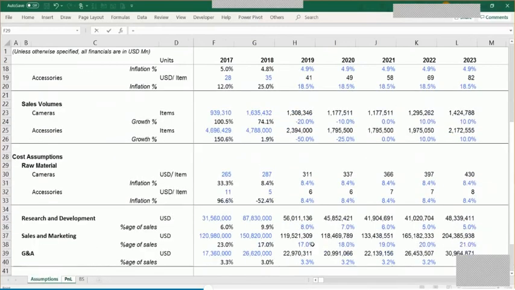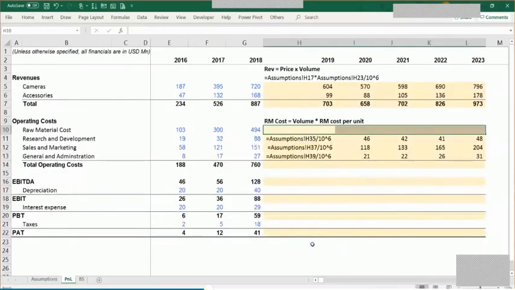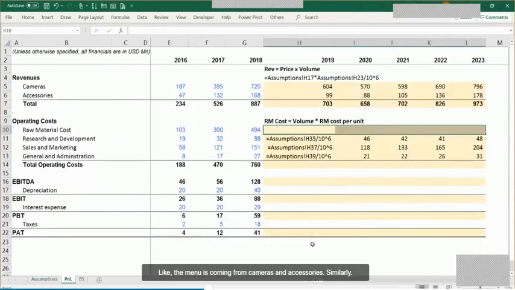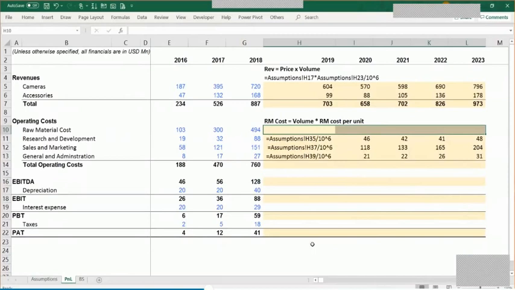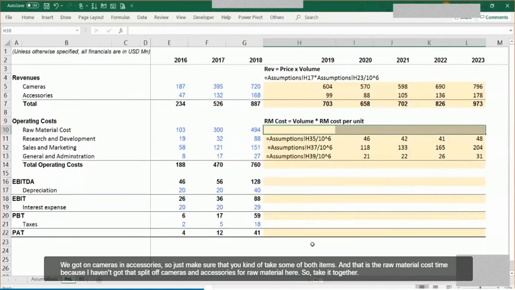So here in this case, one important point before I write the formula: like revenue is coming from cameras and accessories, similarly, the raw material cost would also be incurred on cameras and accessories. So please make sure that you take the sum of both items and put that in the raw material cost line, because I haven't got that split of cameras and accessories for raw material here. So take it together.